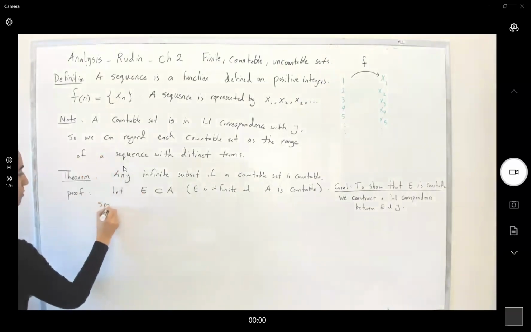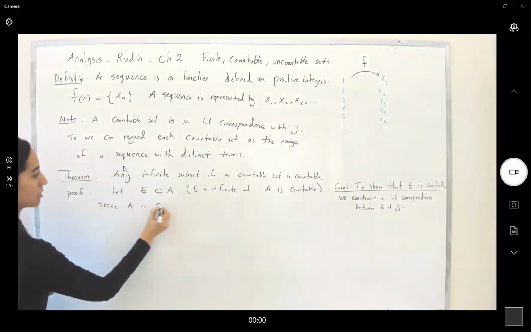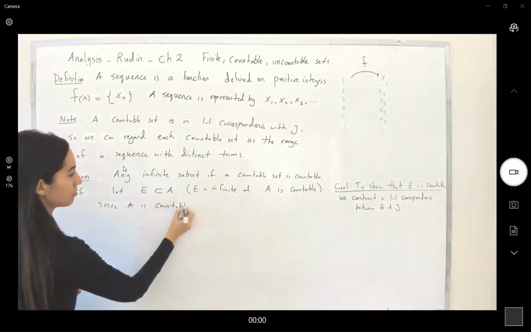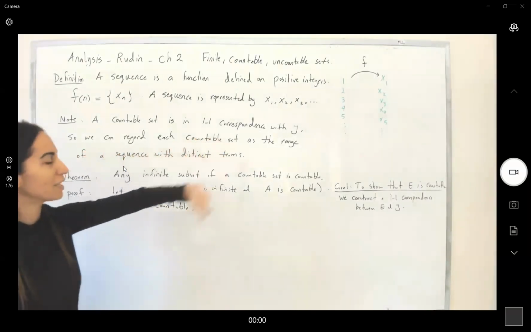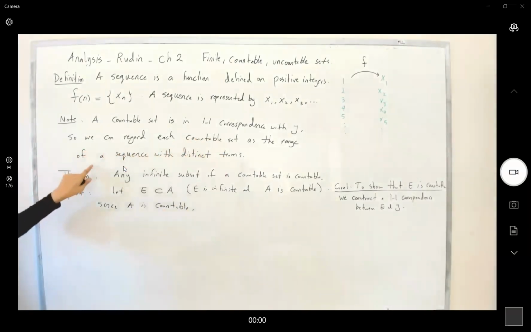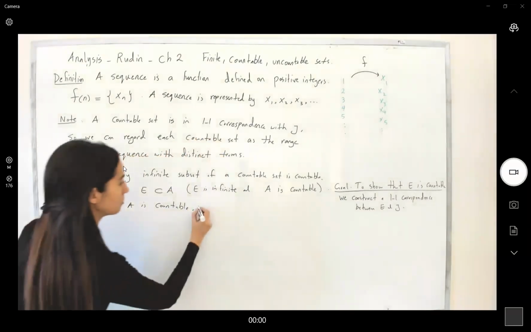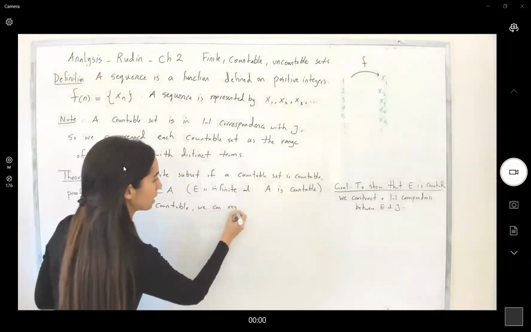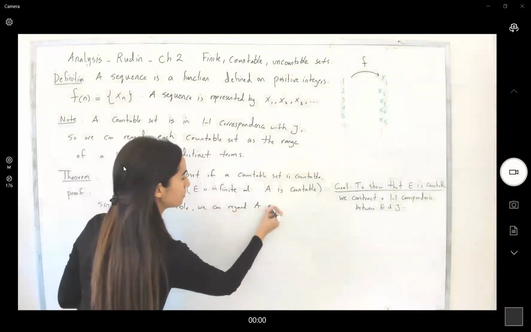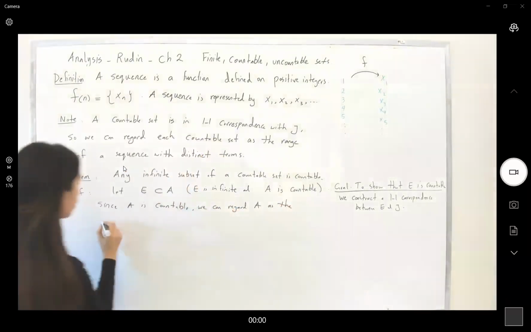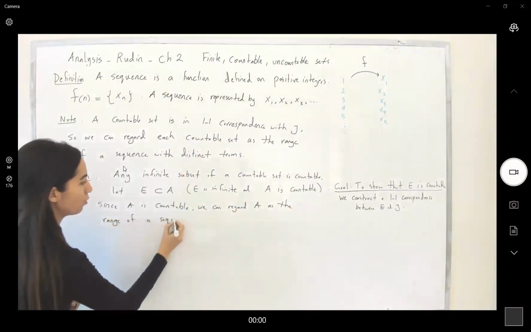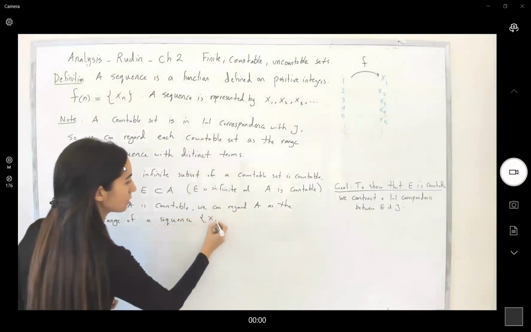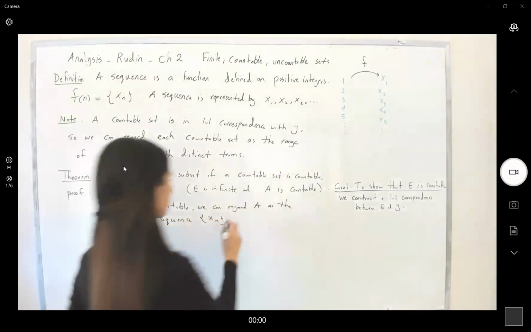So since A is countable, for each countable set, we can regard that as the range of a sequence with distinct elements. We can regard A as the range of a sequence like x sub n with distinct terms.